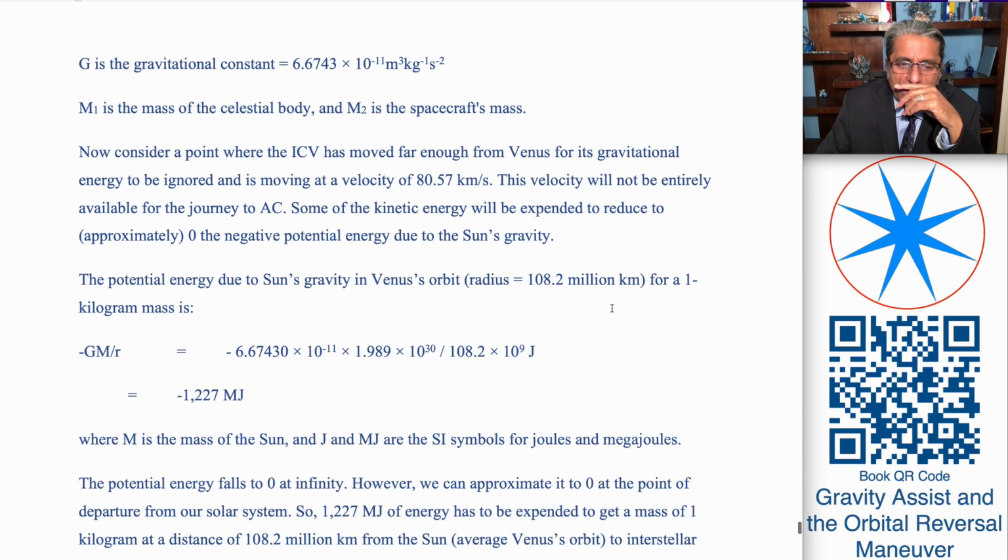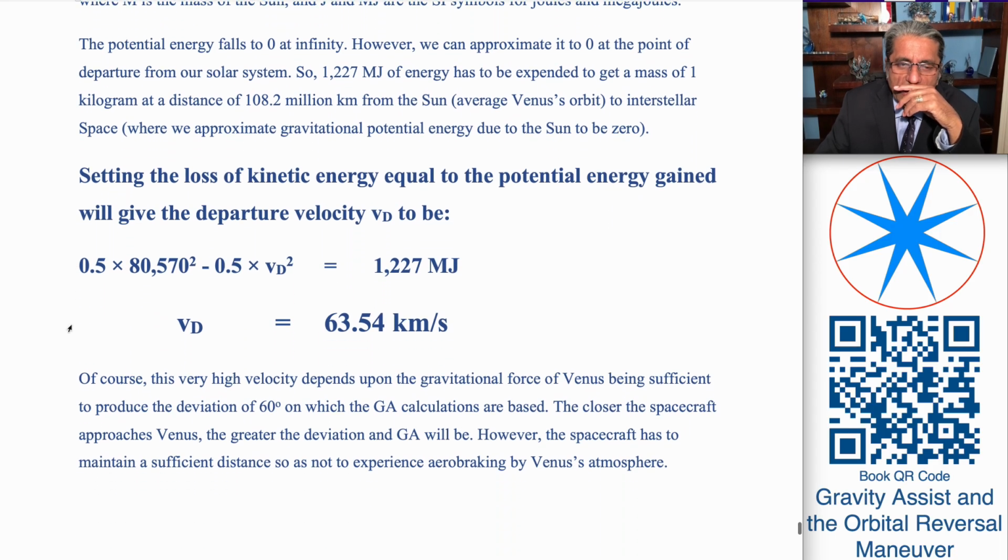And doing all those calculations, what you find is that the spacecraft is going to exit the solar system, where its potential energy has gone from negative to approximately zero, at a speed of 63.54 kilometers per second.